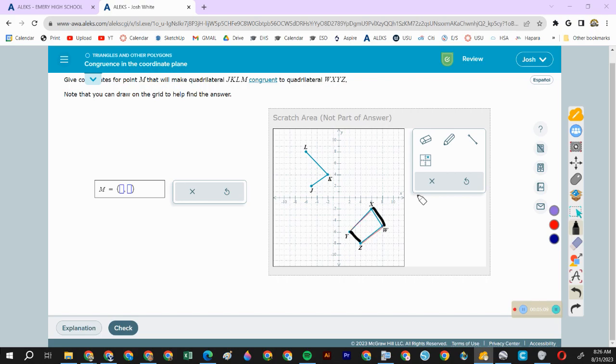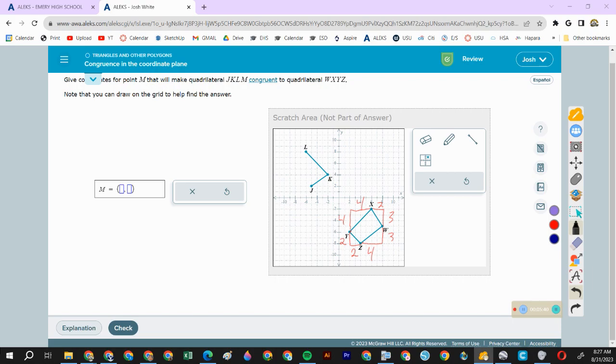But let's check. So the slope here is down 2 over 2. And the slope here is right 2 down 3. The slope here is 1, 2, 3, 4. 1, 2, 3, 4. So 4 and 4. And then the slope here is 1, 2, 3, 4. 1, 2, 3. So 4 and 3.